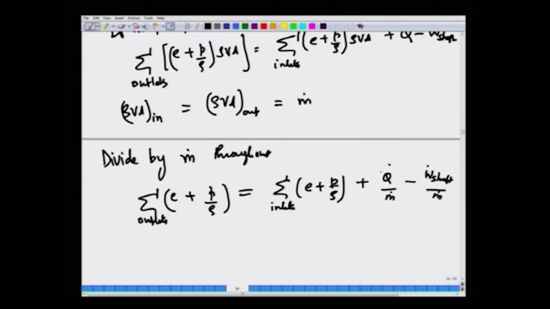Now, this is the rate at which heat is transferred to the CV by the surroundings. This is the rate at which mass is flowing in. So, this combination is denoted by small q. This is the heat input to the CV per unit mass. And this is the shaft work output per unit mass.